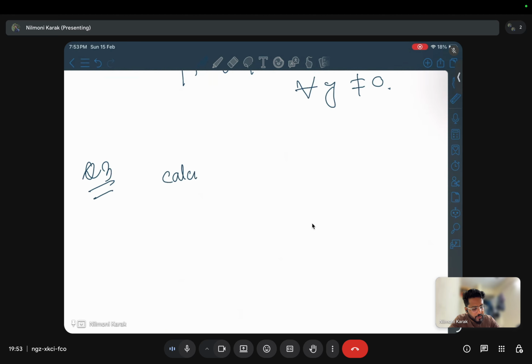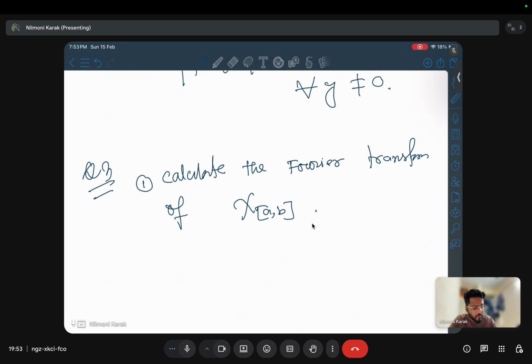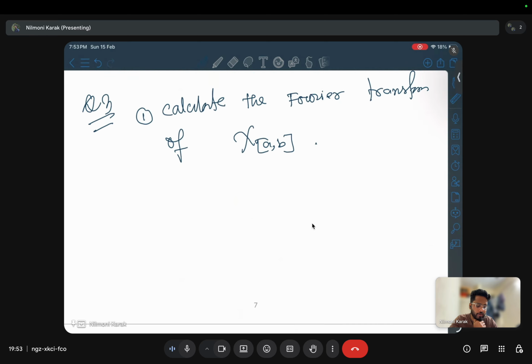So calculate the Fourier transform of the characteristic function of the closed interval [a, b].